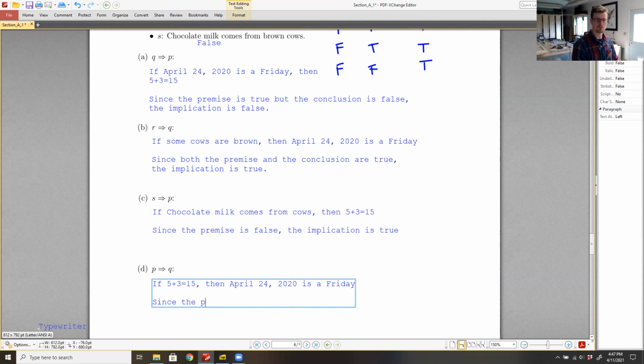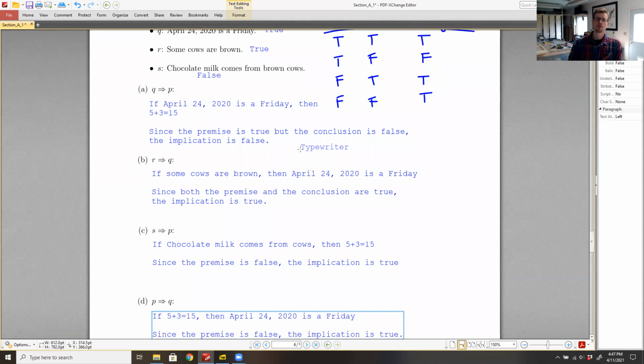And that's it, right? Once we know the premise is false, we can say that the implication is true, and we move on. All right? There's no reason to check both. Only when the premise is true do we have to bother with checking the conclusion. And when the conclusion is true, the implication is true.